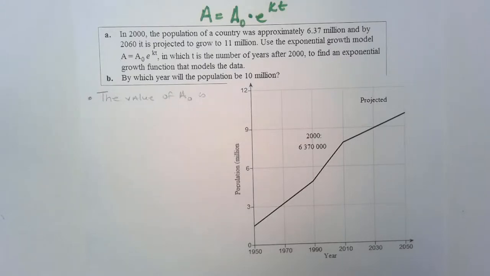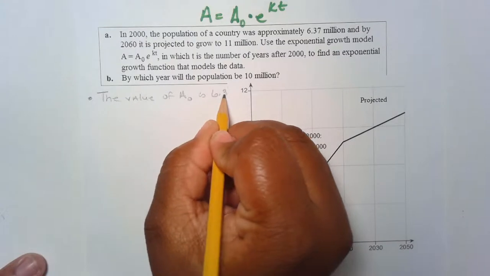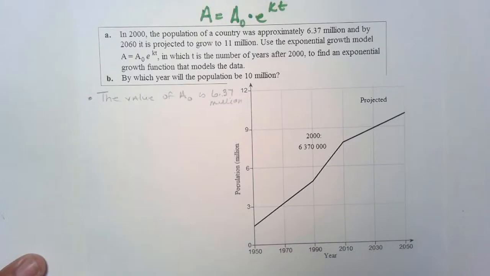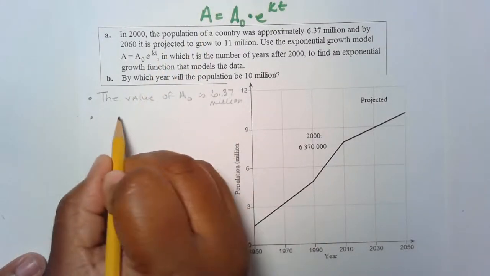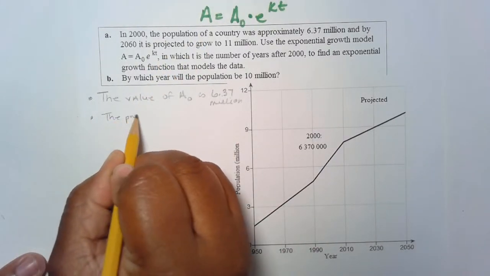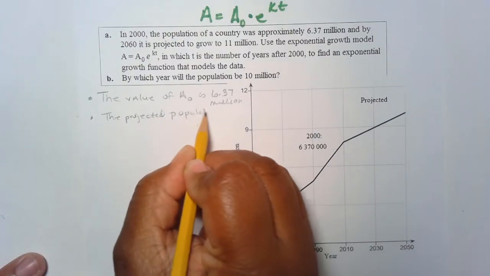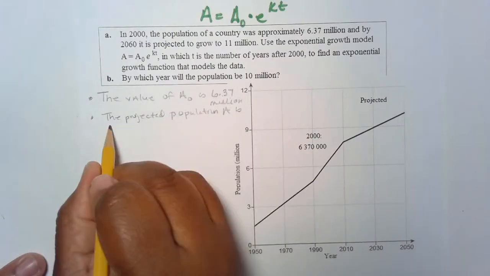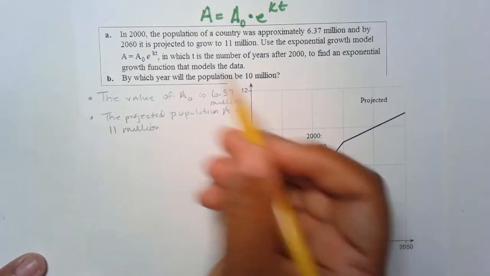So year 2000 is 6.37 million. Then the projected population, A, is given here. It is 11 million.